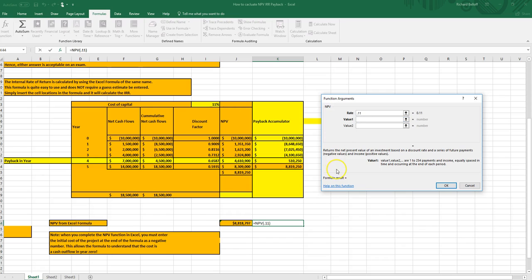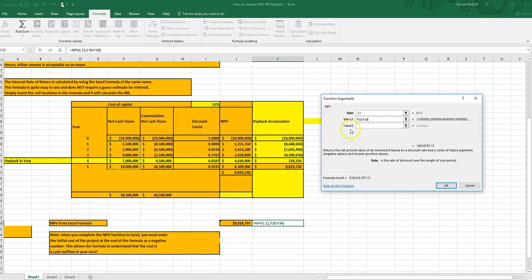Now it says, tell me the sequential values of this array of cash flows. Notice our yearly net cash flows are over here. And because this formula is set up in a particular way, we can't put year 0 in there. This is just the way Excel decided to do the formula. So we're just going to do this.